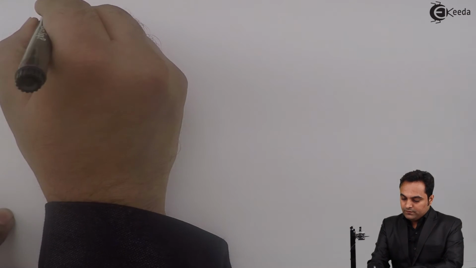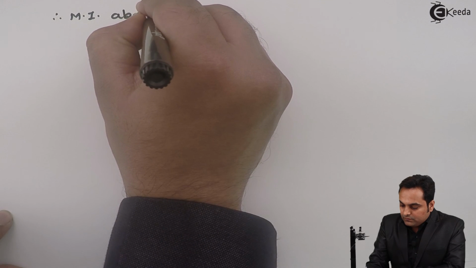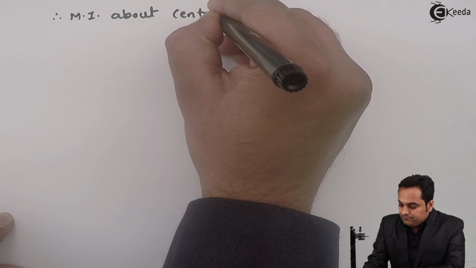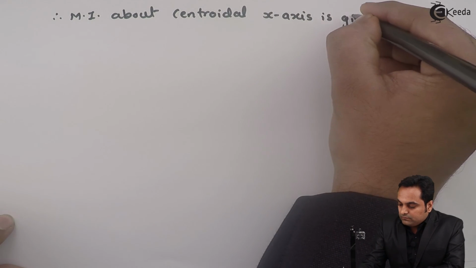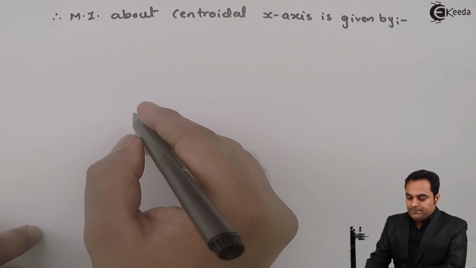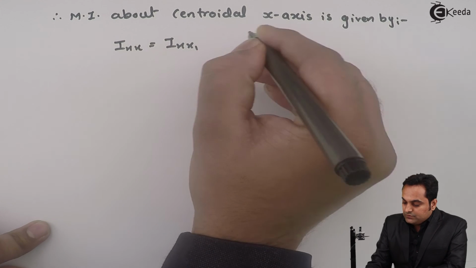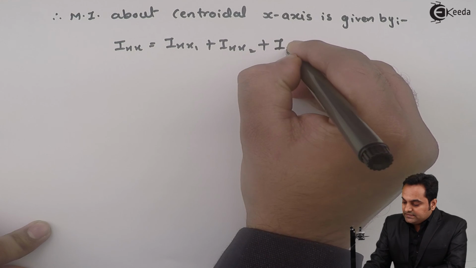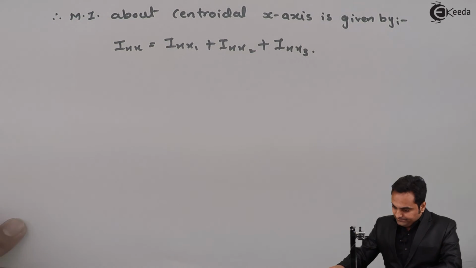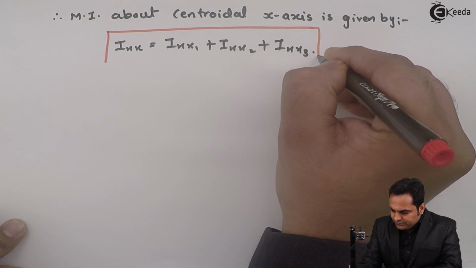So therefore, MI about centroidal x-axis is given by Ixx is equal to Ixx1 plus Ixx2 plus Ixx3. Keeping this as the third equation.